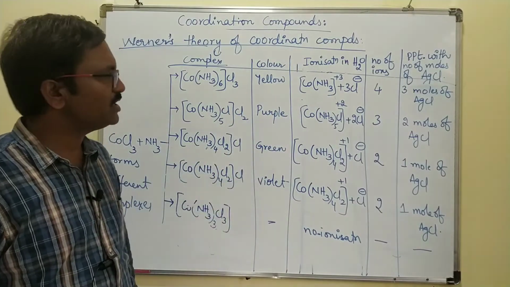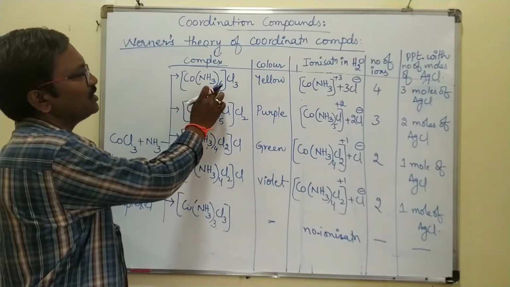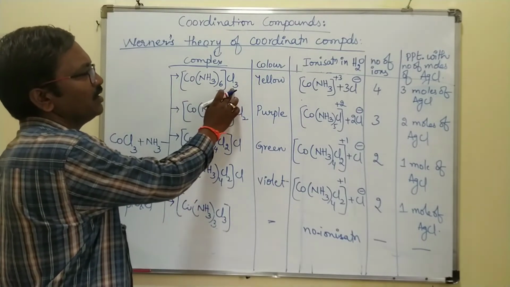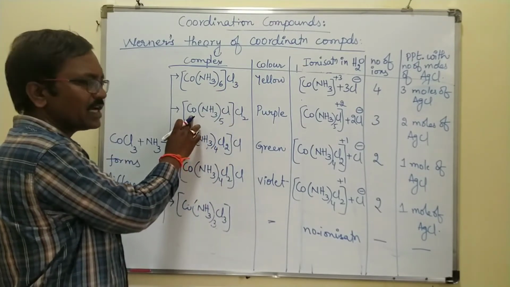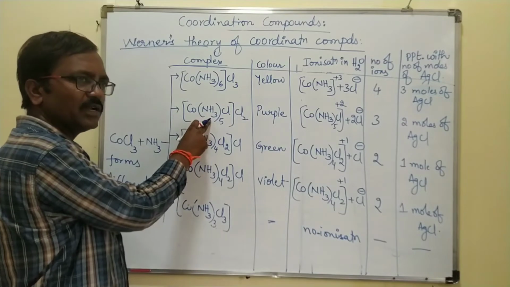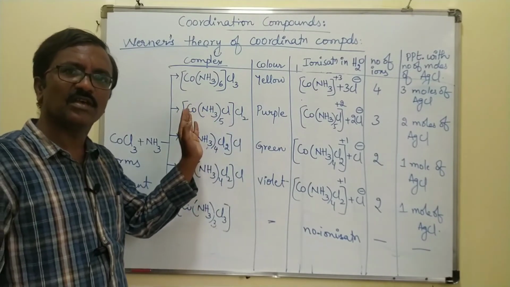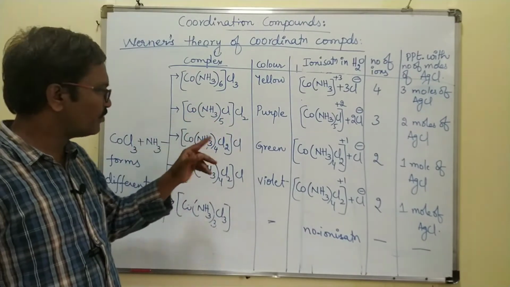this color is different. So in the first one, if you see, cobalt is bonded with 6 ammonia, and the outside is 3 chloride ions. In the second one, cobalt is bonded with 5 ammonia, 1 ammonia is going outside, one ammonia is left over.